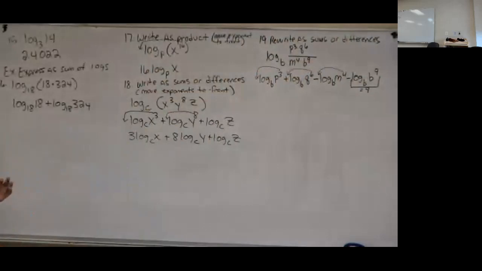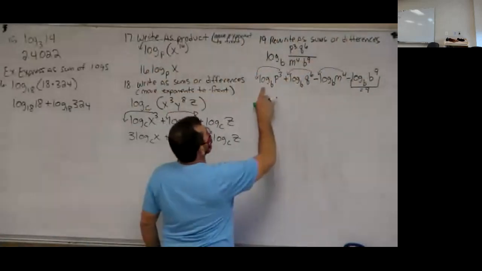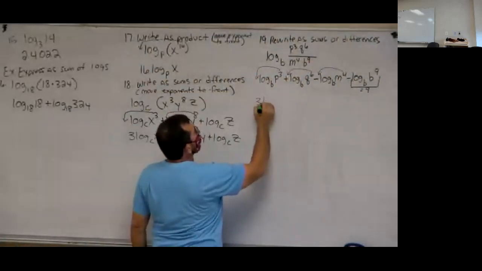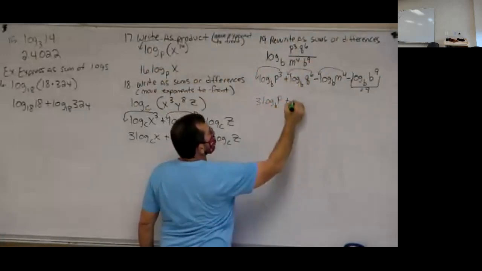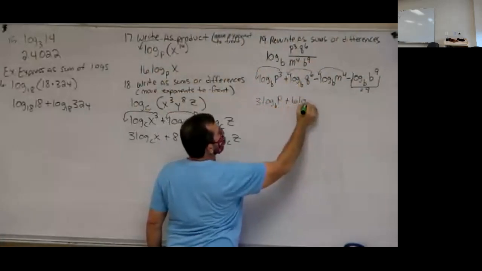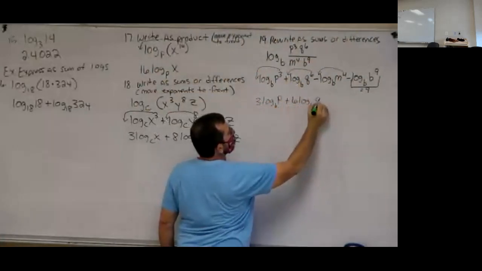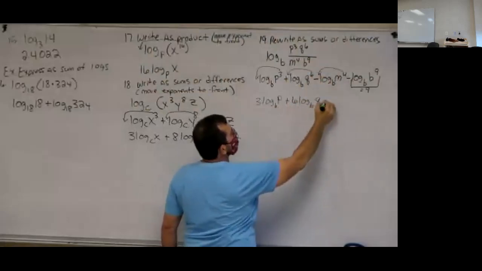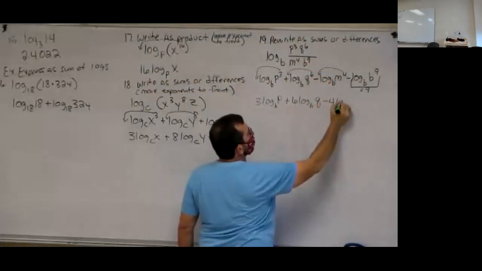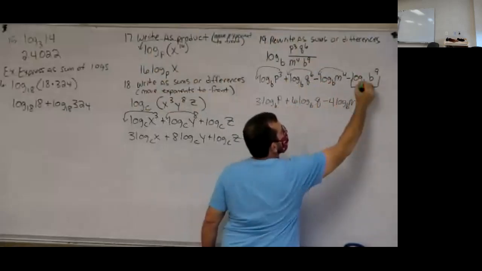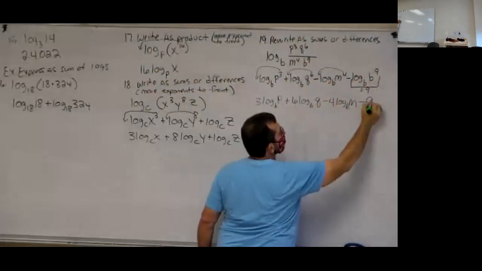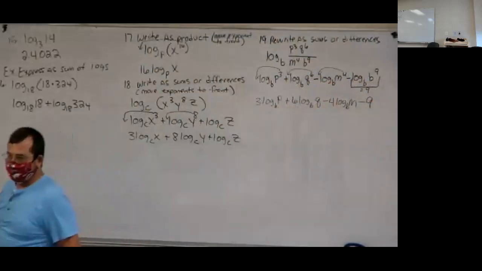So had that been minus log B of B to the 10th, then that would equal 10, and so on, okay? All right, so let's bring the 3 down. We get 3 log base B of P. Bring the 6 down, so that's plus 6 log B of Q. Minus, bring the 4 down, 4 log B of M. Minus, y'all, that log B, B to the 9th equals 9.